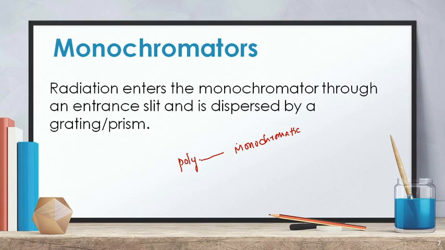Generally, the prism is made up of potassium bromide because that is transparent in the IR region. Transparent means it gives a range down to 400 cm⁻¹. Why are we choosing potassium bromide for all purposes?